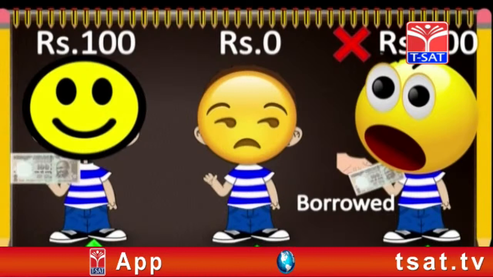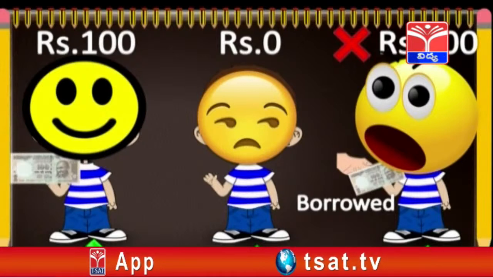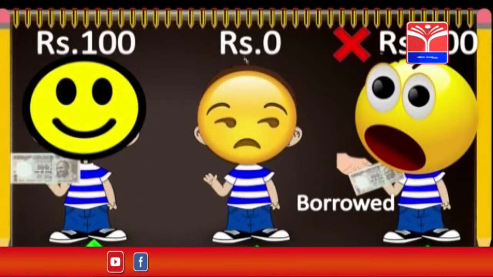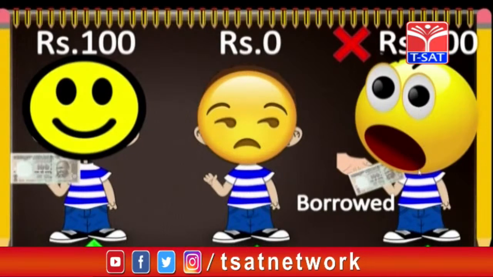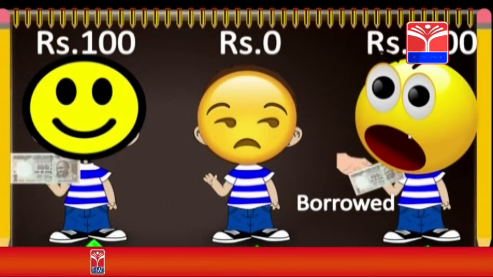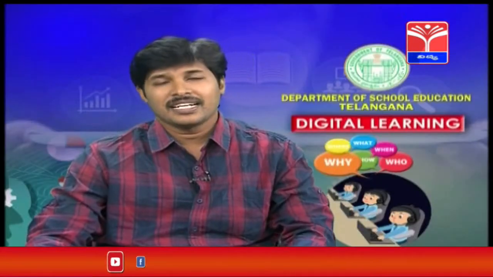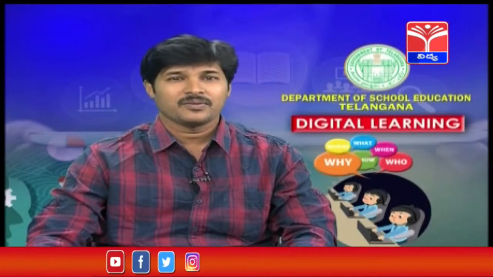First boy, rupees 100 is his own earned money, so we represent it with rupees 100. But coming to the third boy, this 100 rupees is not his own money, this is borrowed money, and this borrowed 100 rupees is denoted by rupees minus 100. This is another example where we use negative integers in our daily life.